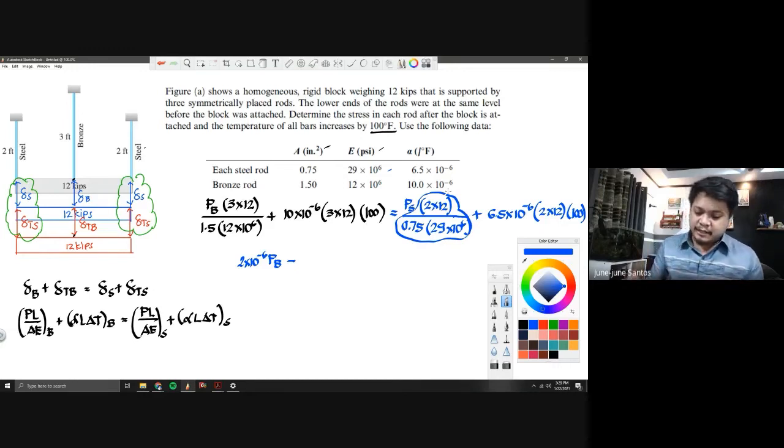Okay, so that is around 1.103 times 10 to the negative 6. And that is the PS.